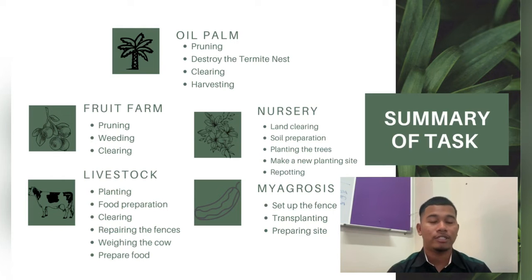At the vegetable farm, we set up the fence at the site, and then we did transplanting of cucumber at the fertigation site, and lastly we prepared a site to make a new plot.